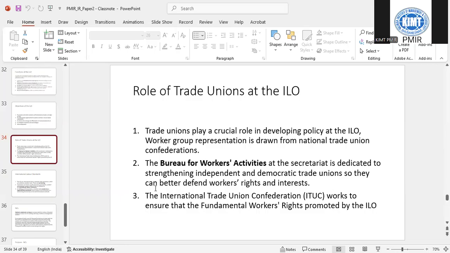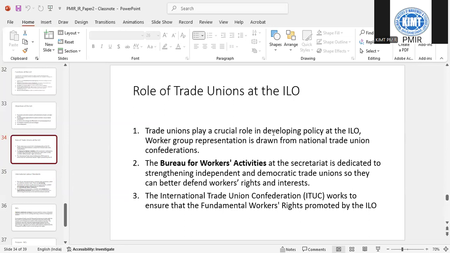So the main role of trade union towards ILO is to provide the details, data, or the problem from the organization, from the employee base. Trade union is actually the first place they are interacting with the employees. So they are actually representing the employee in front of ILO, any international bodies, any organization.